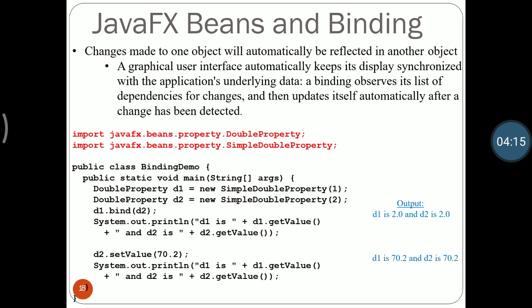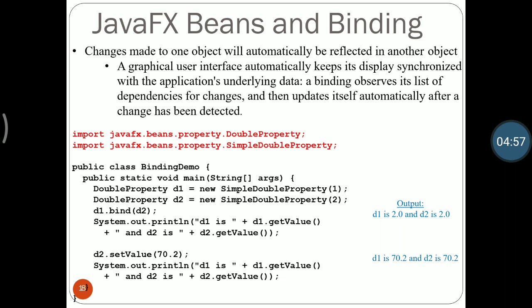JavaFX binding. As we saw in the earlier slide, changes made to one object will automatically be reflected in another object. In the earlier example, our pane is divided by 2, so our circle is also divided by 2. Why? Because it was bound with our pane. Here in this example, we use two classes, beans.property.DoubleProperty and beans.property.SimpleDoubleProperty.